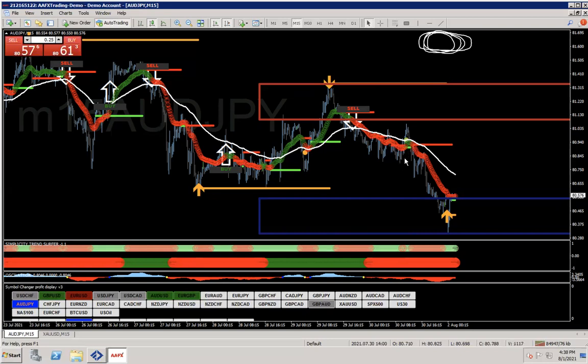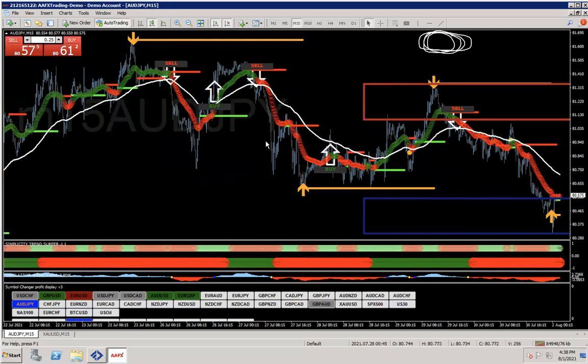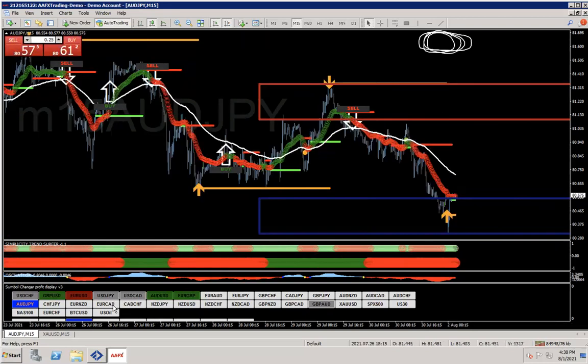It's just too unpredictable. So that's the reason I'd rather take this first impulse, take my money and go. Or at least leave a little amount to keep running. But I've gotten the majority of my profit already. Okay.